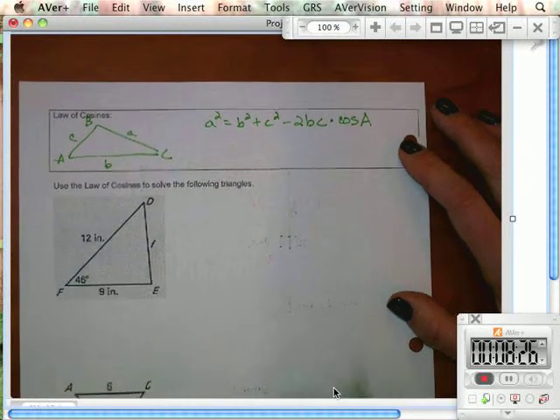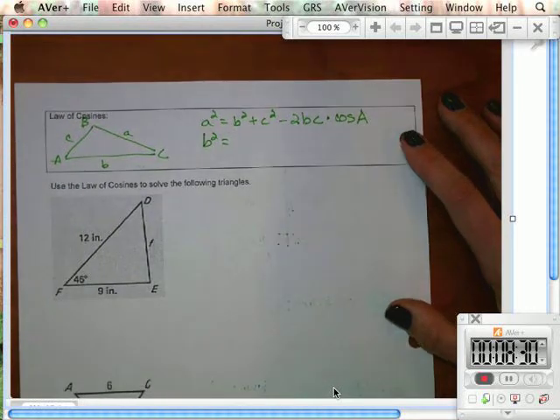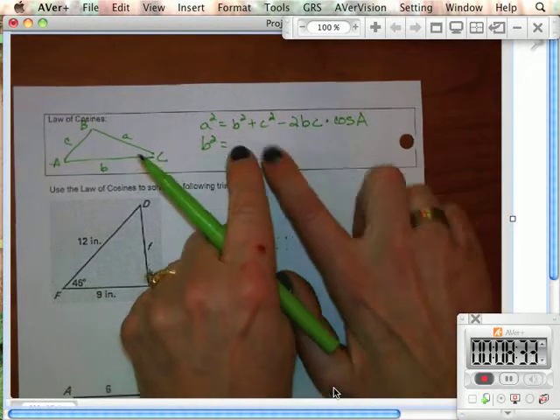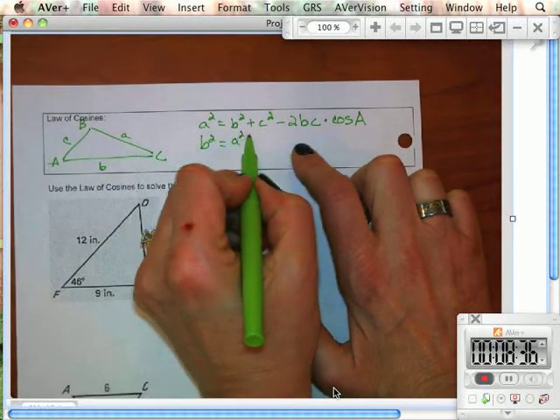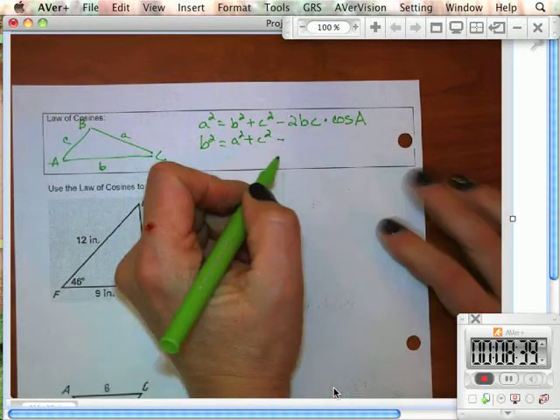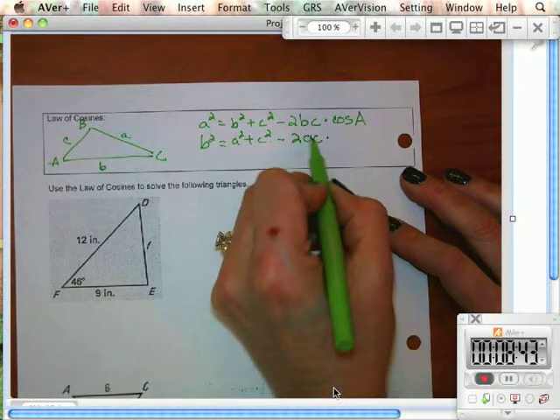Let's do B squared. Okay, if we're trying to find B, what 2 letters are going to be here? A squared and C squared minus 2 what? AC times the cosine of what?